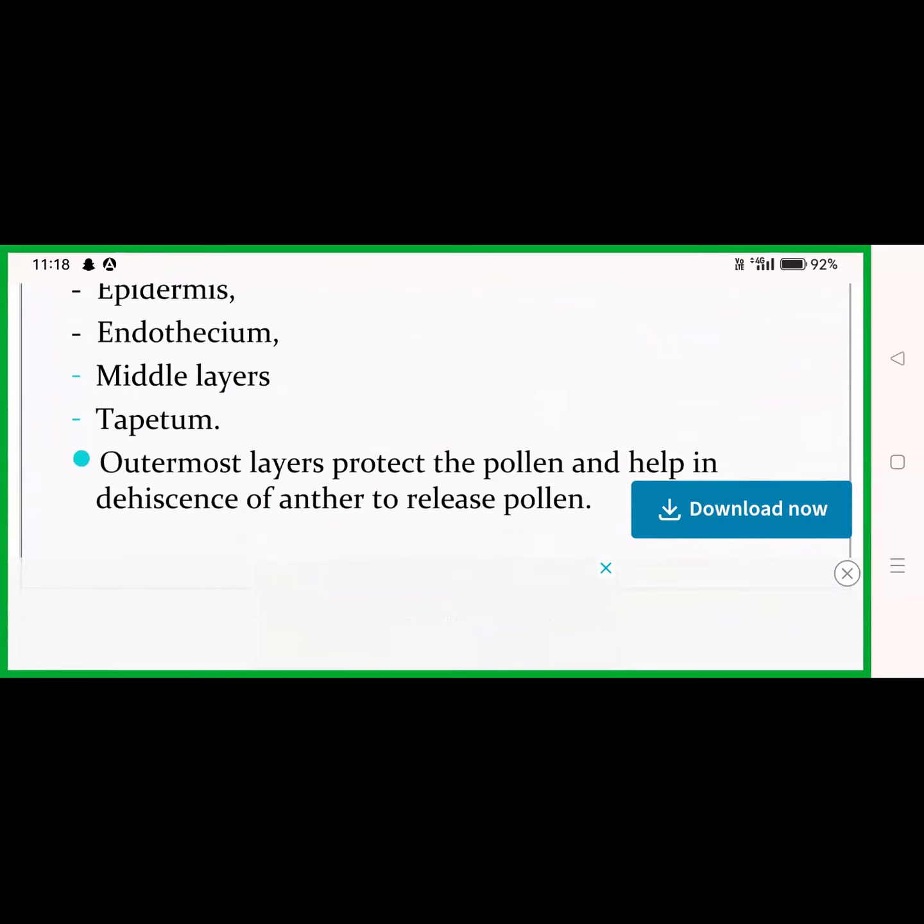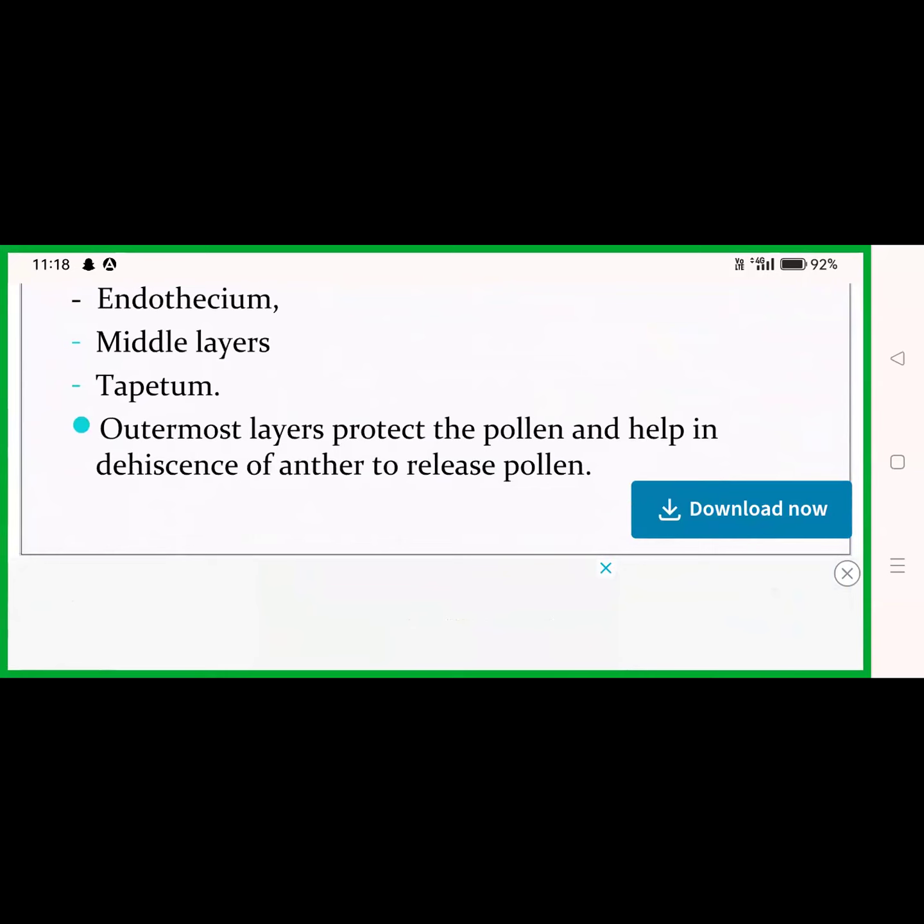The tapetum is of two types, amoeboid and secretory. In the amoeboid tapetum, the inner and radial walls of the tapetal cells break down early due to the action of hydrolytic enzymes.